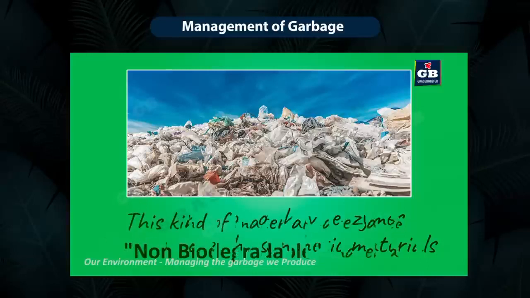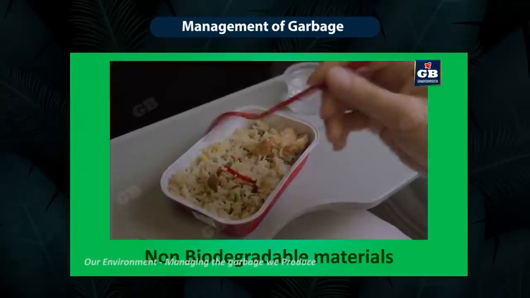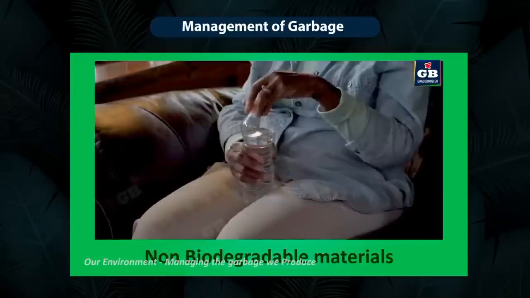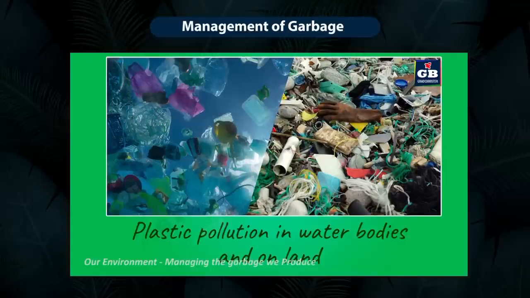This kind of materials are called non-biodegradable materials. Disposable plates, spoons, cups, polythene covers, plastic bottles, synthetic clothes, glass, all these are examples of non-biodegradable materials.